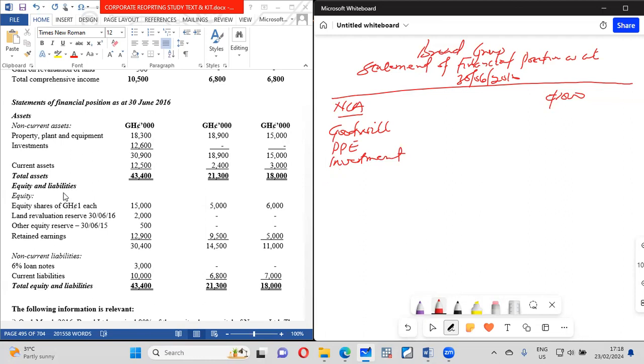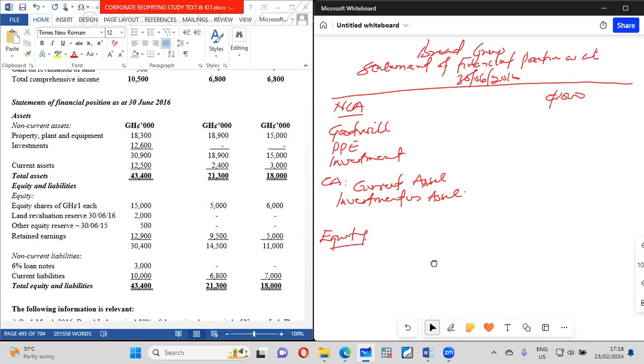Then what next? We come to our current assets. The current assets, they gave to us in total. Because there is an associate, you bring in investment in associates, and you add them up. Then we have equity.